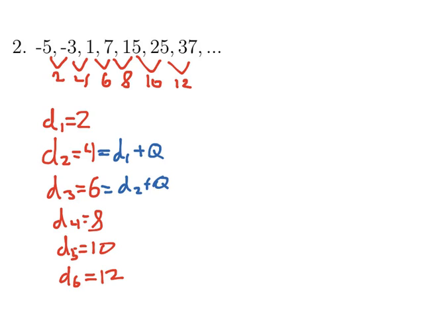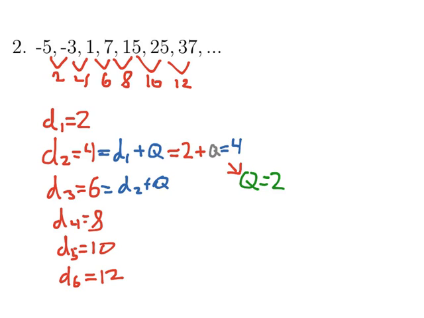We can find Q here because we know that D1, which is 2, plus the number Q is going to be equal to 4. So we know that Q is 2. What that means is that the differences increment by 2 every time.